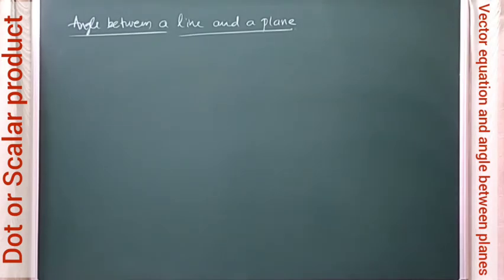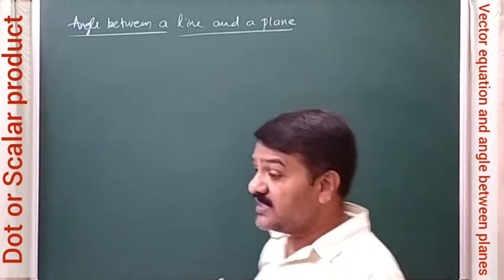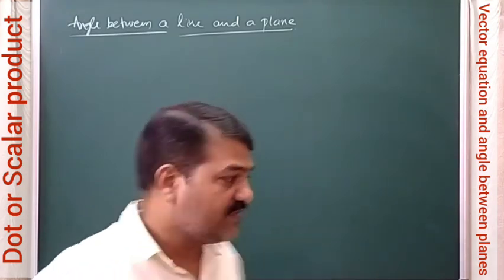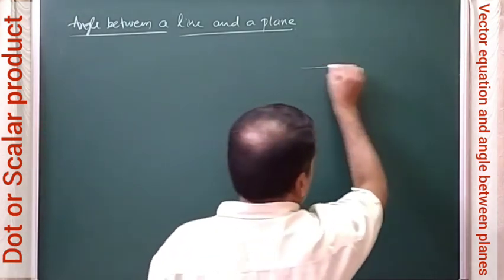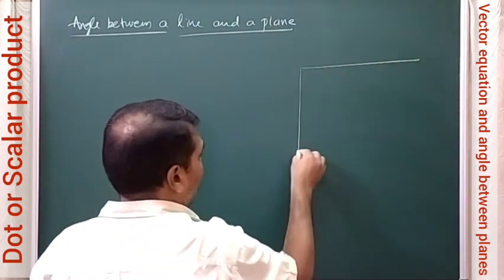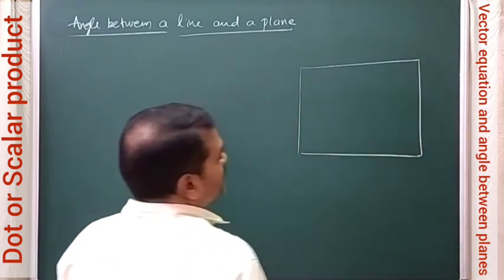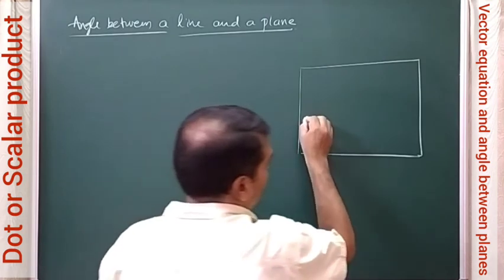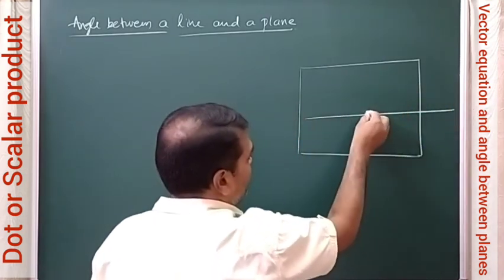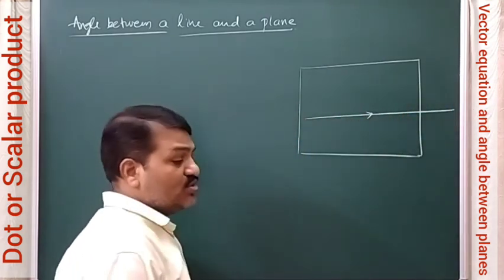Now let us discuss angle between a line and a plane. So for example, let us consider a plane like this. So I am taking a parallel vector to the plane.